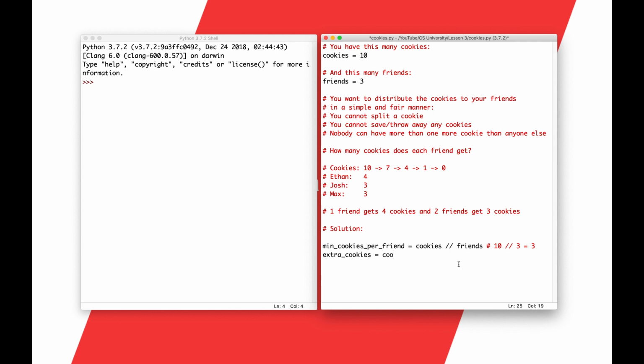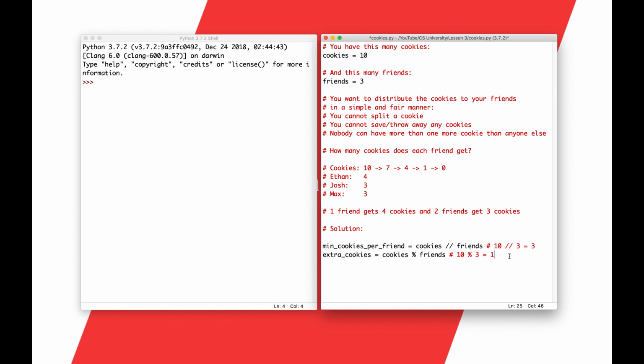And so the way we write that is, of course, cookies mod friends. And if we look at this, we're doing 10 mod 3, which is equal to 1, right? A good way to do it in your head is, okay, 9 mod 3 is obviously 0, because 9 is a multiple of 3. And so 10 is 1 more than 9, and so 10 mod 3 is 1.